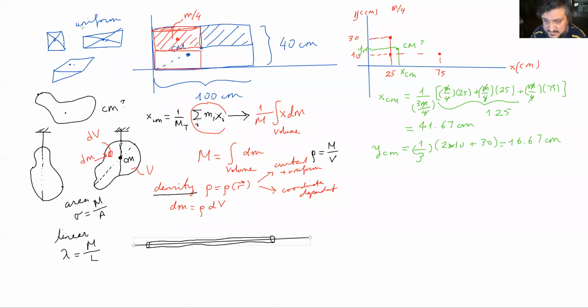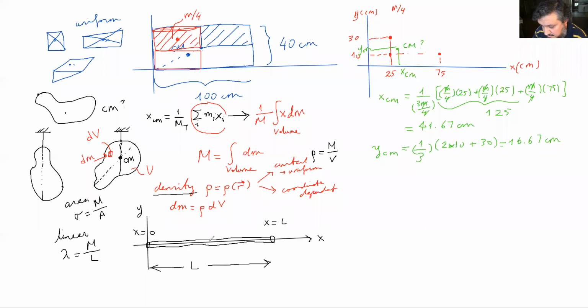Let's place this in our XY frame. Let the origin be where the left end is, and the right-hand side is going to be the other end along the x-axis. The length is L, so this is where x equals L. This is x equals 0 on the left side. Now, everybody knows that the center of mass will be in the center for a uniform object.